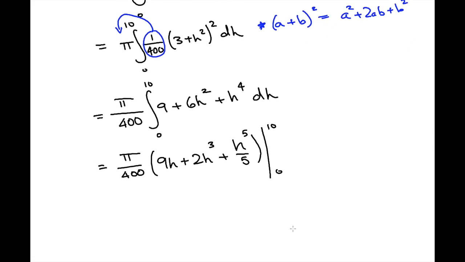Okay, so let's plug stuff in. First thing we're going to get is 90, because 9 times 10 is 90, plus 2000, because remember 10 cubed is 1000, plus h to the fifth, which is 100,000 over 5. So 100,000 over 5 is just going to be 20,000.